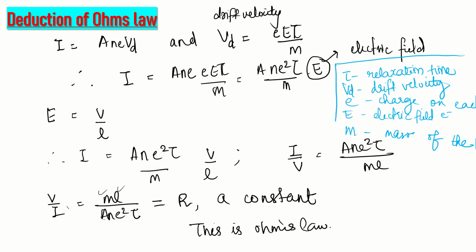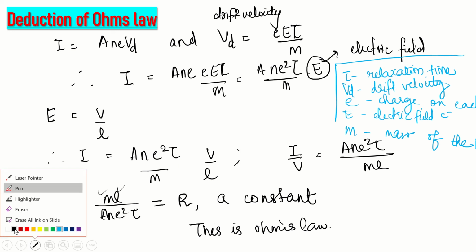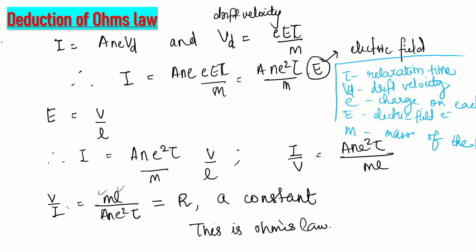Okay. So this is how you deduce an expression for Ohm's law. And here R is the resistance and it is a constant. This is Ohm's law. So when they ask you to derive, this is what you have to write.